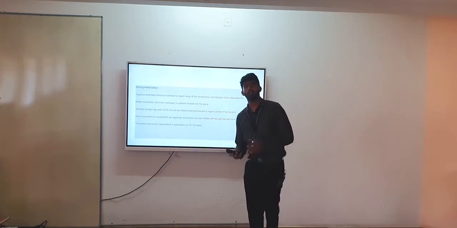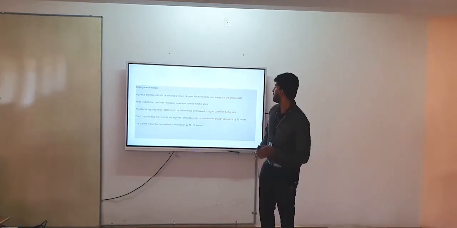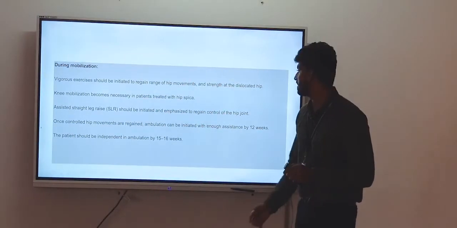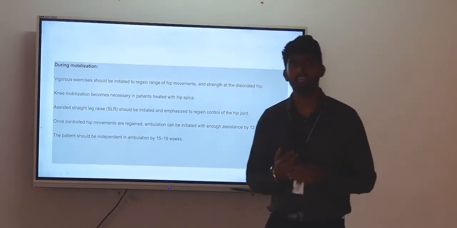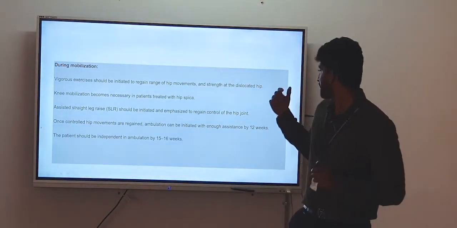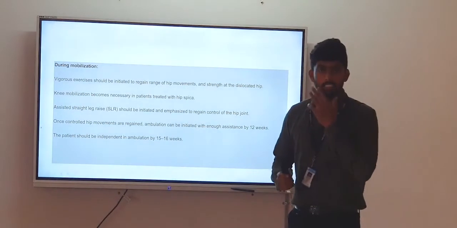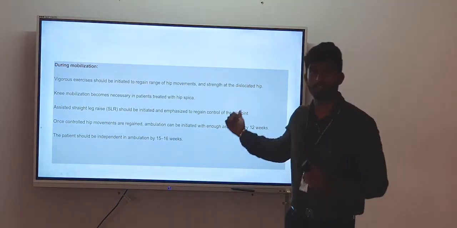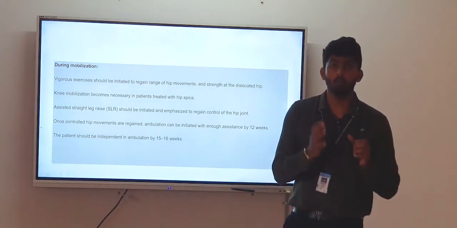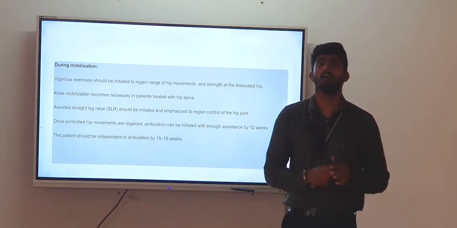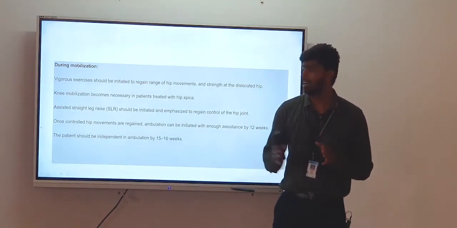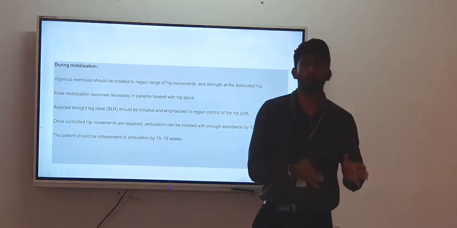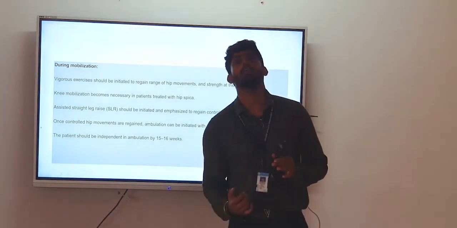And then during the mobilization period, we can start rigorous exercise in order to initiate the hip movements and strengthen the dislocated hip. We have to strengthen it, because this client had been immobilized for 6 to 8 weeks. If the person doesn't move his limb properly, the muscle will go for wasting.